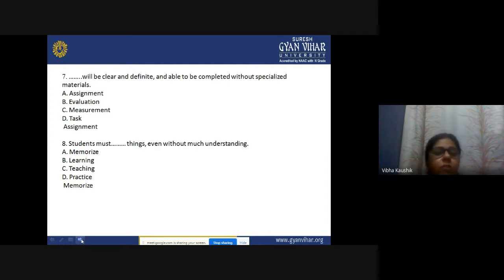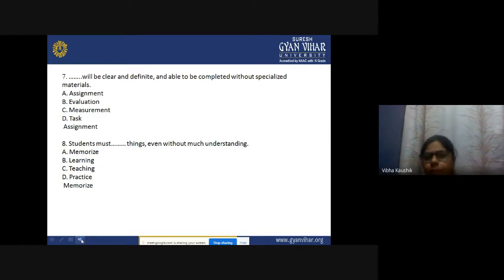Now, the seventh one, dash will be clear and definite and able to complete without specialized material. Now, what should be that thing that should be clear to all of the students and definite?